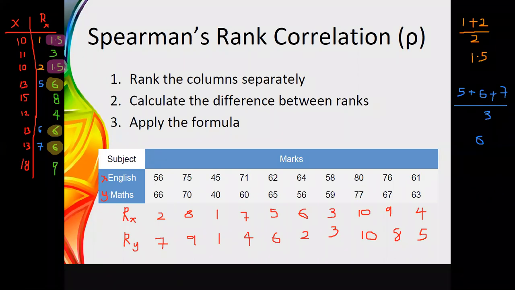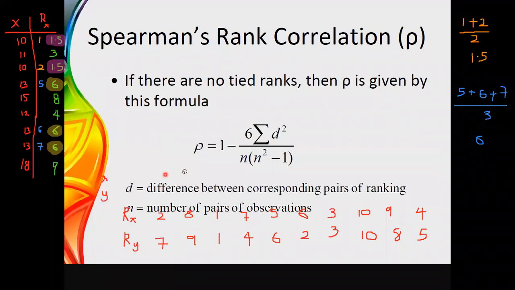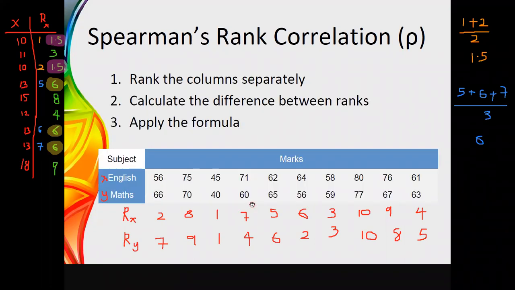Now, if you look at the equation, you need to get the values for n and d only. We already know that the value of n is the number of pairs of observations. Here you can see there are altogether 10 pairs of observations. Therefore, according to the example, the value of n is equal to 10.